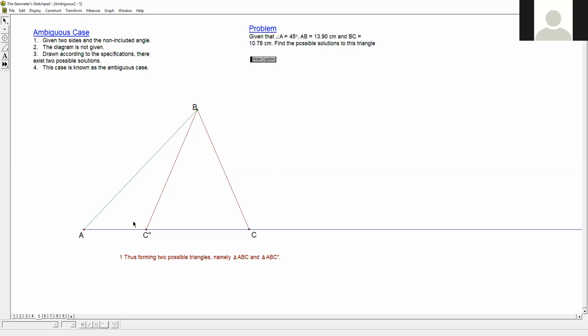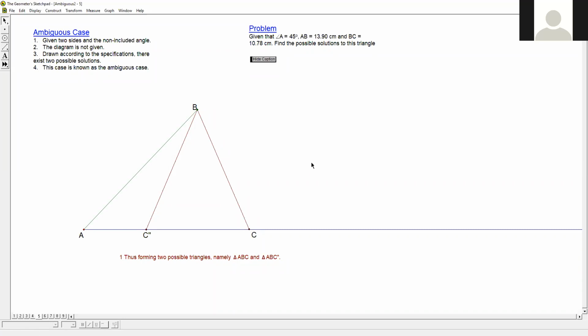One more time. When your line BC cuts the horizontal line at two different positions, you call one position here C double prime and the other position here C. Now C double prime will create an obtuse angle, and C will create an acute angle.